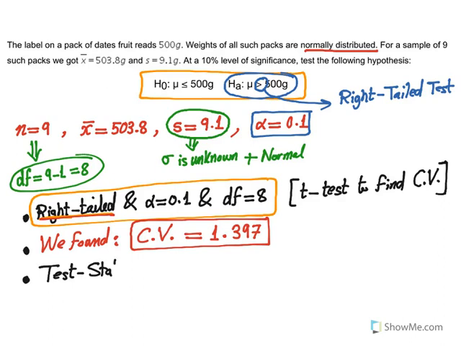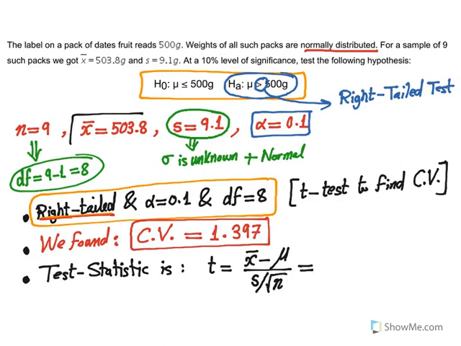The test statistic in this case is t equals, remember the formula, it's x bar minus mu over s, because s is given, not sigma, over radical n. And in this case, x bar, look up, it's here. So it's 503.8 minus mu.